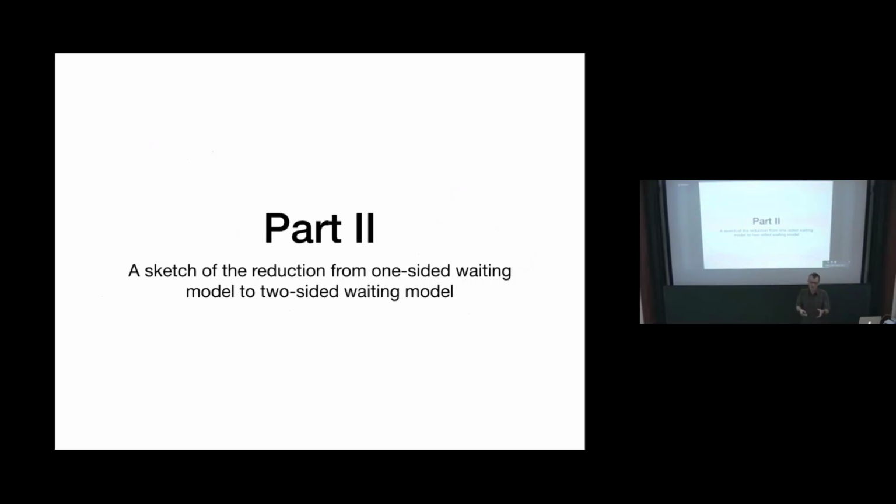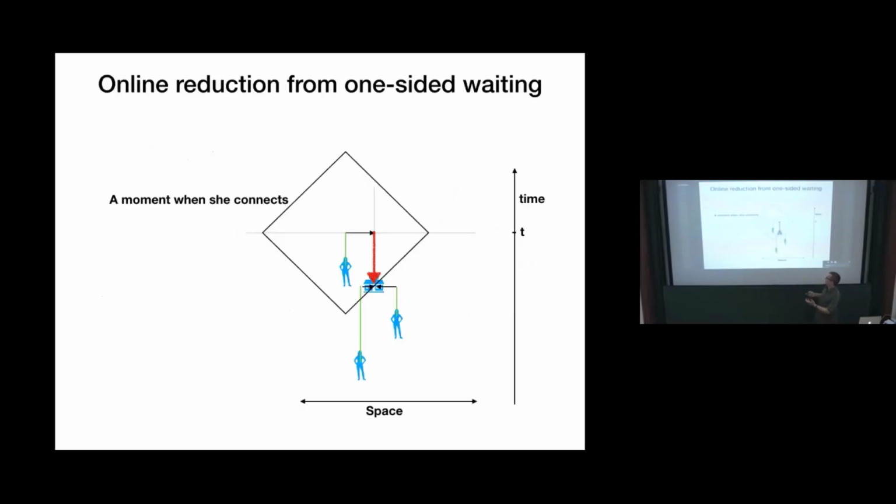Now I can shortly tell you how to reduce one model to the other online. So what's wrong with this? The solution to the two-sided weighting becomes illegal for one-sided when you have this late connectivity, because my algorithm, when it was opening a facility, was connecting some contributing clients in an online way.